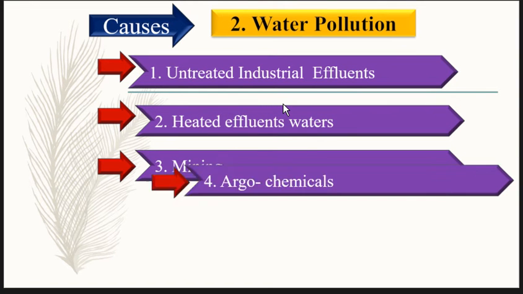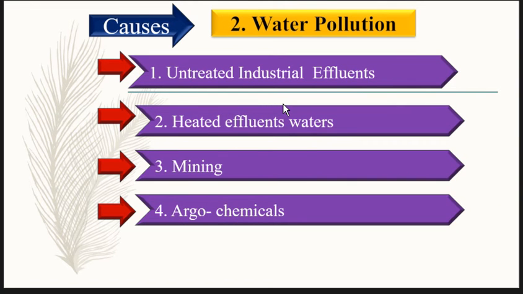Next cause of water pollution is agrochemicals. Friends, agrochemicals such as pesticides and fertilizers, when used in excess and not taken up by the crops, remain in the soil. These chemicals get washed out of the soil or leach deep with irrigation waste or rain water and pollute surface and ground water.